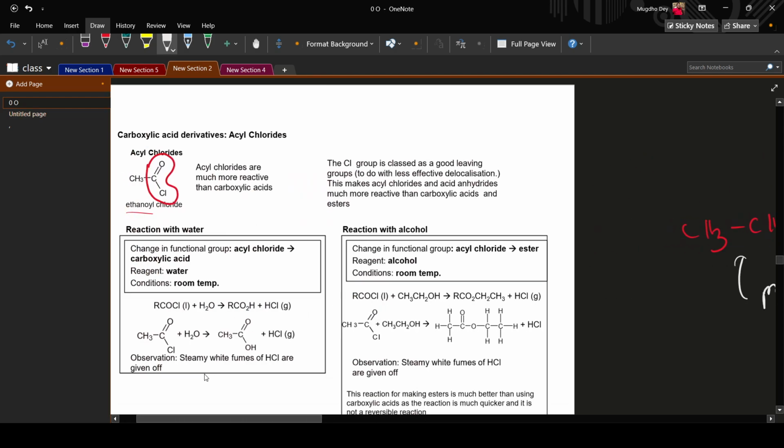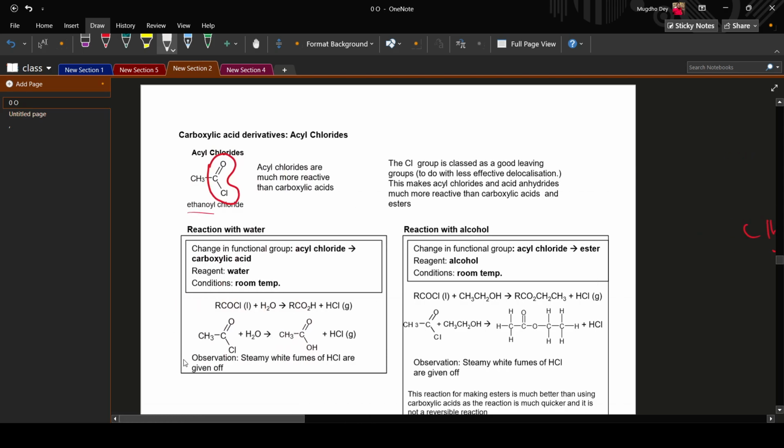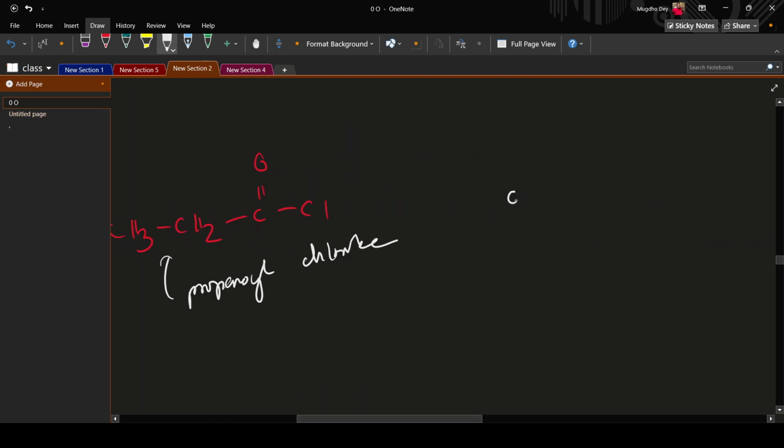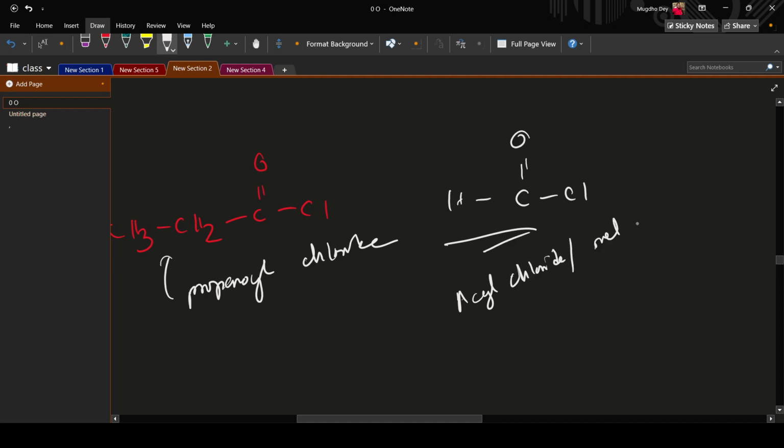What is acyl? I'd like to say acyl is also referred to like this, COCl. This is actually acyl chloride. We tend to say acyl chloride, although the real name is methanoyl chloride. So remember, the word acyl only goes with methanoyl.